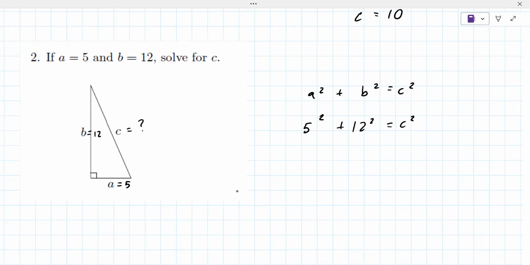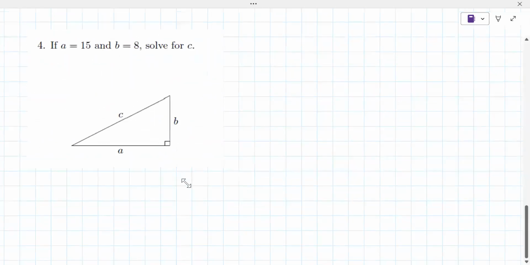Is C equal 13? C equals 13. Very good. Okay. So let me have you try another one here on your own. Okay.